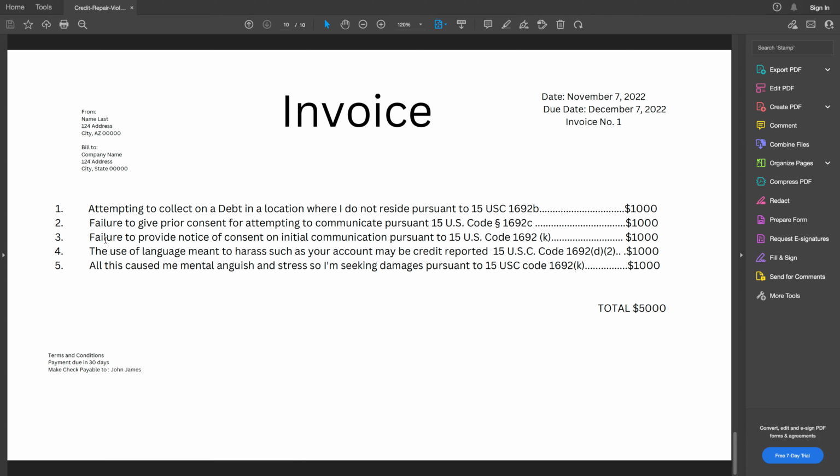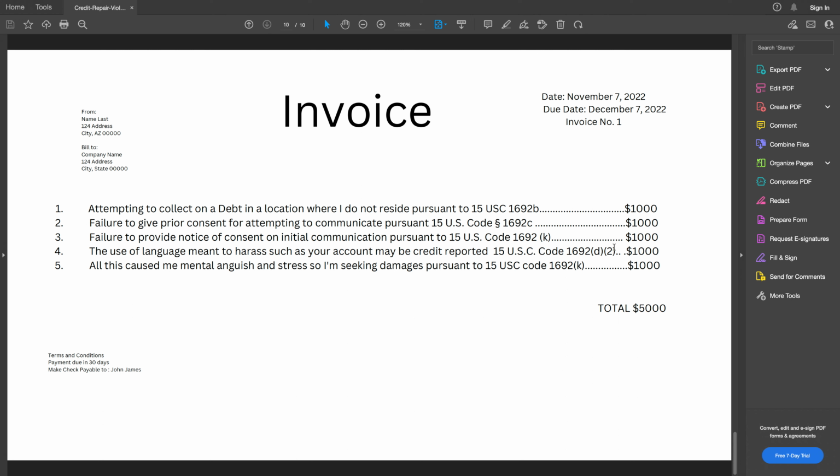Number 3, failure to provide notice of consent on initial communication pursuant to 15 U.S.C. 1692k, $1,000. The use of language meant to harass, such as "your account may be credit reported," 15 U.S.C. Code 1692d2.